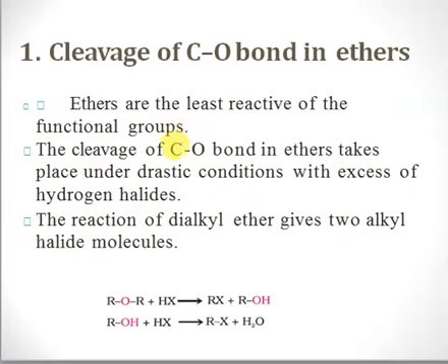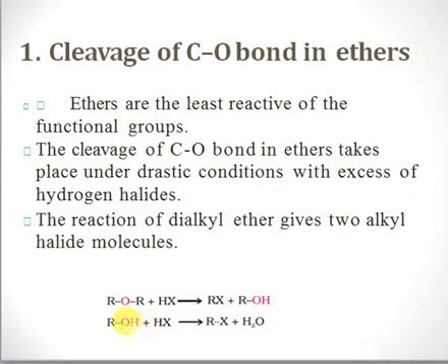So to break this carbon-oxygen bond in ether, you have to use strong conditions, which means excess hydrogen halide, right? When ethers react with excess hydrogen halide, the carbon-oxygen bond breaks. So we get an alcohol and we get the alkyl halide here.